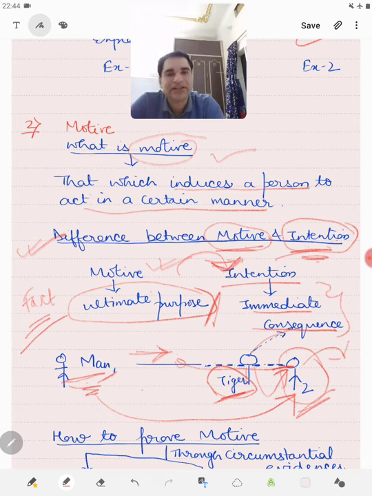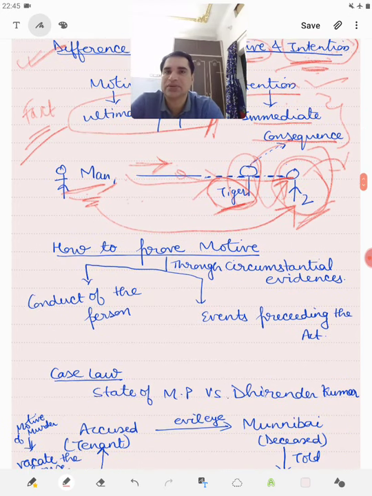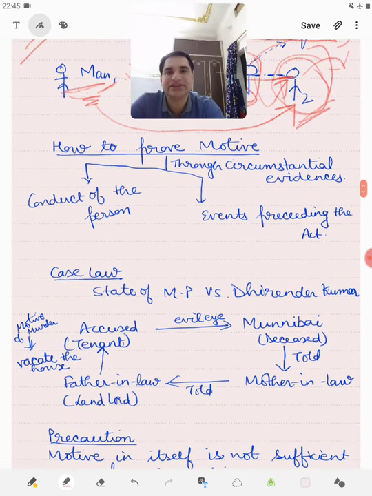But the intention would be to kill the tiger. So, the motive is to save this person, and the intention is to kill the tiger when he is shooting at it. But the consequence is something other than what he intended, something against his motive. So, that is the difference between motive and intention.